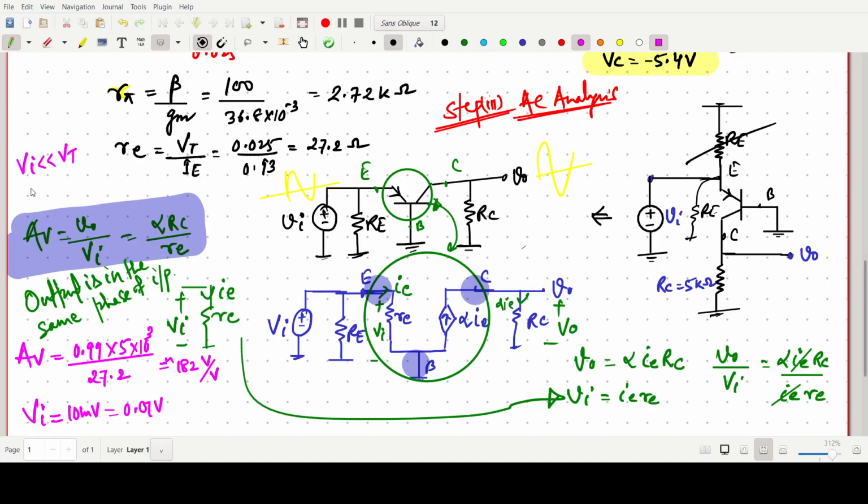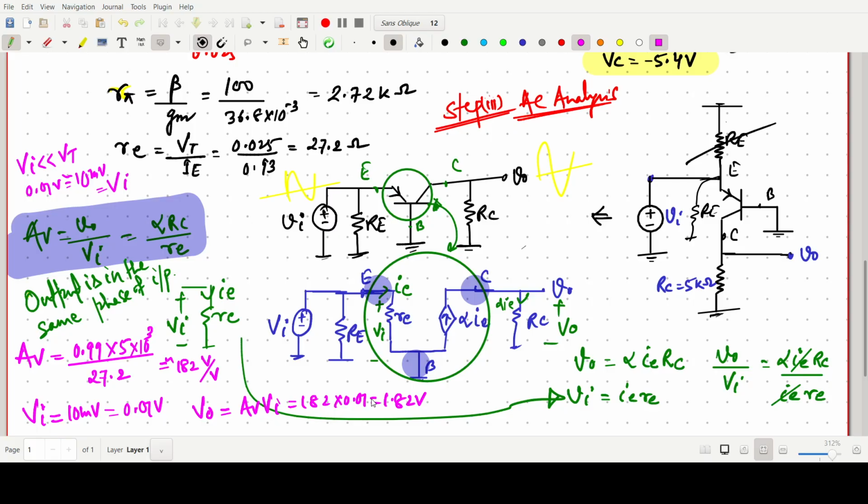VT is 25 millivolt, so vi is generally taken as 0.01 volt. So in all the cases you have to consider vi. The output voltage vo will be AV into vi, so 182 into 0.01 gives an output voltage of around 1.82 volt.